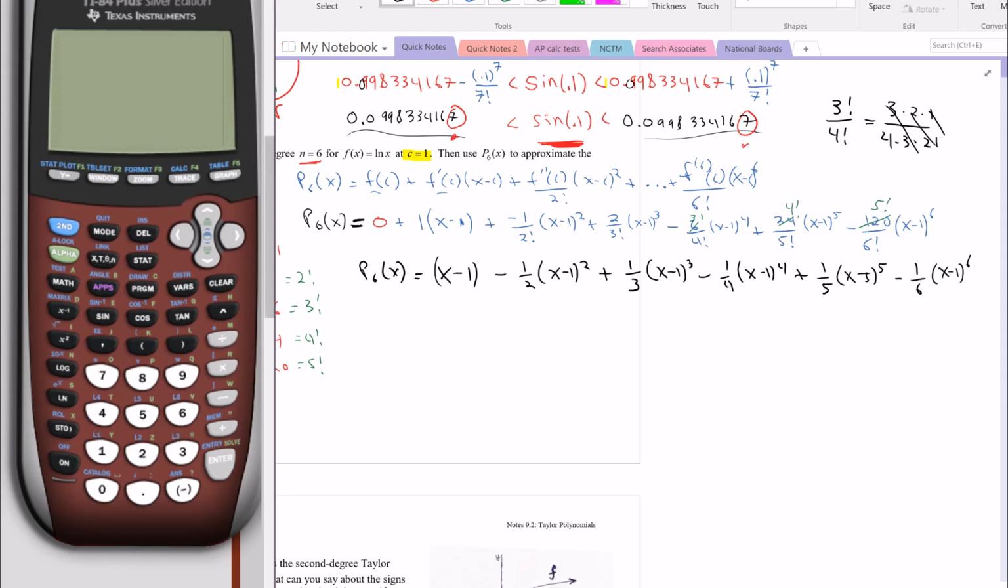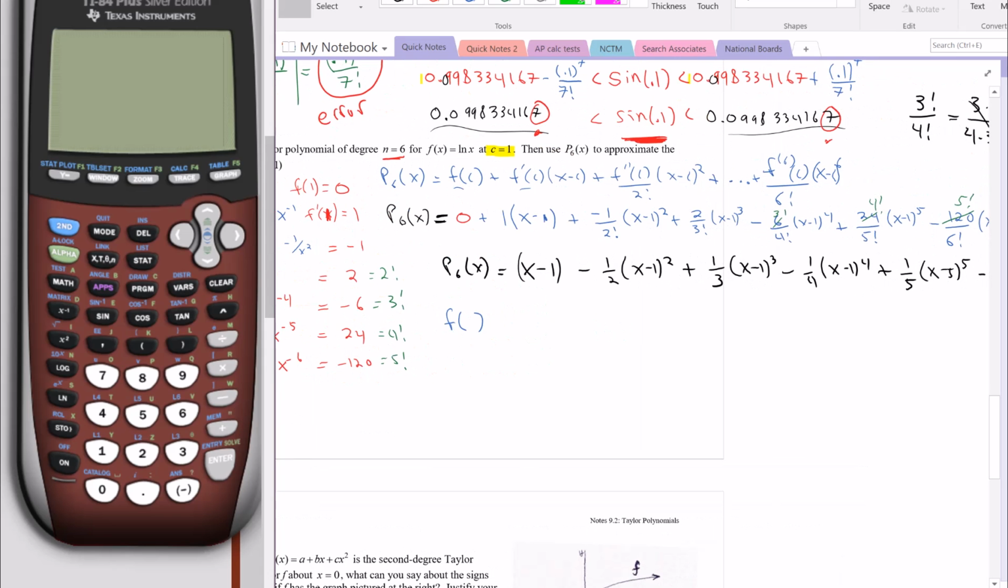What we're going to use it to do is find, well, what is f of 1.1, which is natural log 1.1, which can be approximated by the 6th degree polynomial at 1.1, which means we're plugging in 1.1 up here.